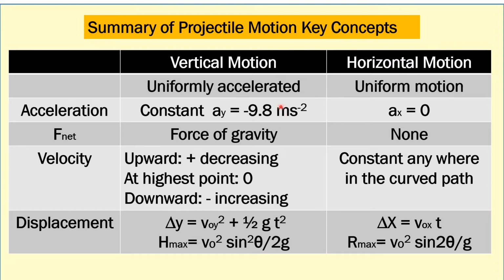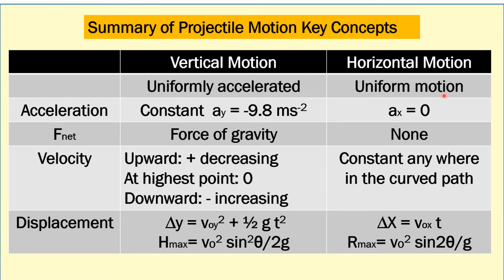We have the vertical component of the motion and the horizontal component. The vertical component is uniformly accelerated, and the one along the horizontal is a uniform motion.